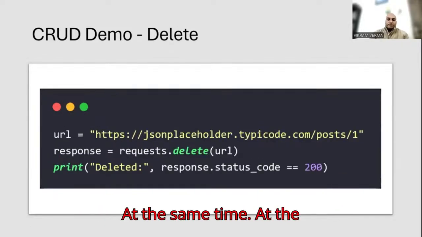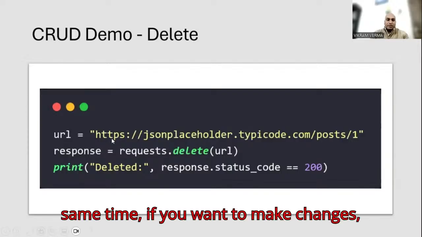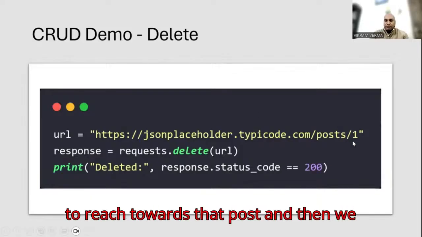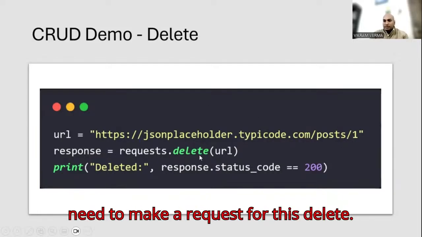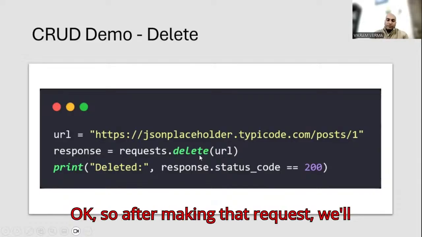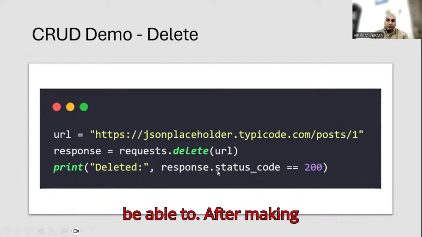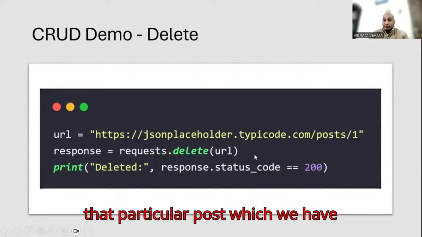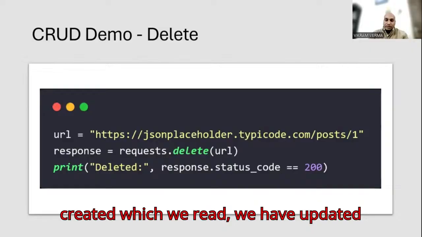If we want to delete the data, we need to reach that post and make a request called delete. After making that request, we'll be able to delete that particular post, which we have created, read, and updated, and now we are deleting.